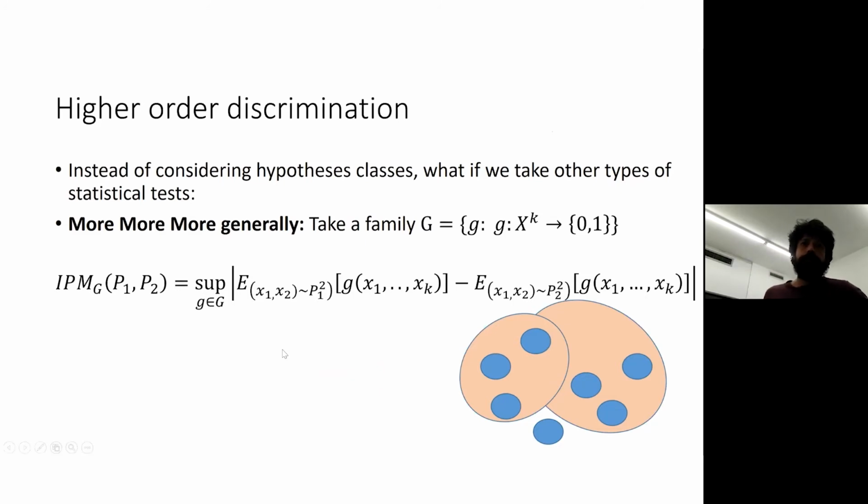And then it's not P1 over 2; you draw k points IID from P1 and check what is the probability of a hyperedge, and you draw k points from P2 and again check what is the probability of a hyperedge. If it's distinct, then the two distributions are distinct. Okay?